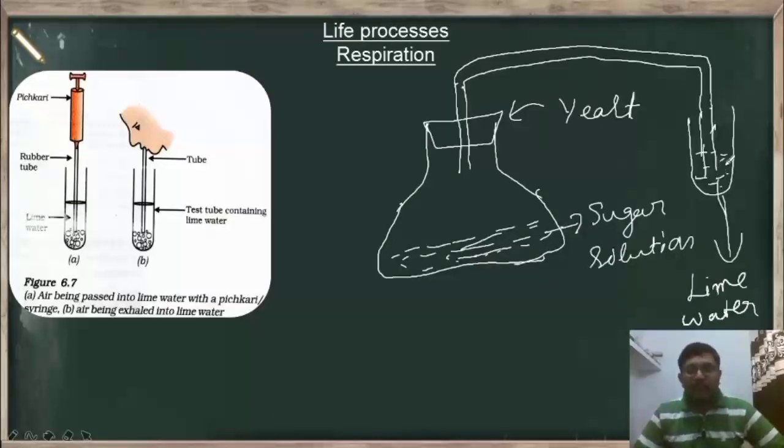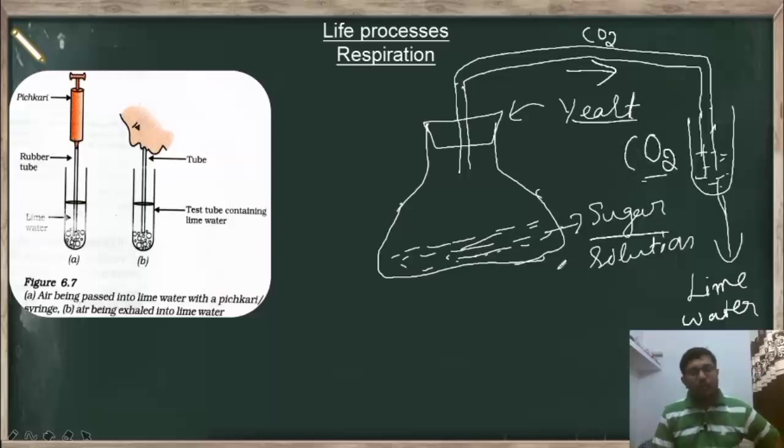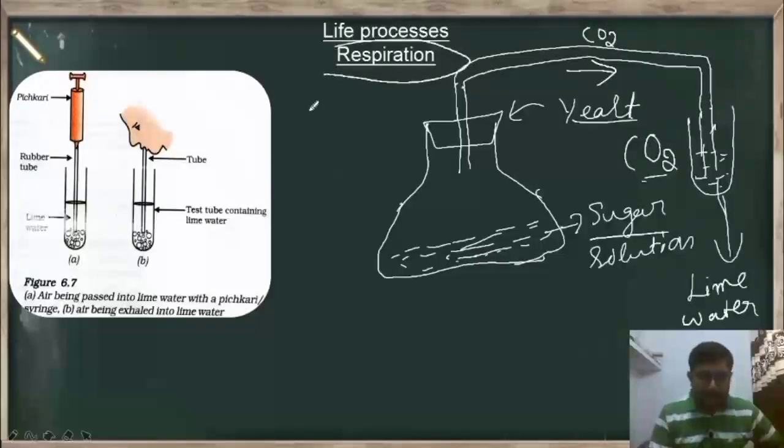So we can say that in this activity also, carbon dioxide gas is released. That means the yeast breaks down the sugar present in this solution and produces carbon dioxide. So in both these activities we can directly say that the major product of respiration is carbon dioxide.